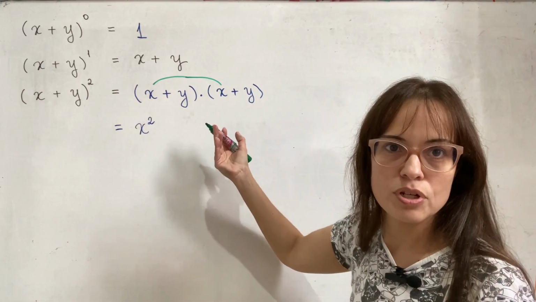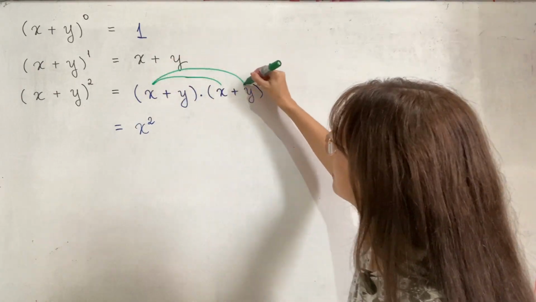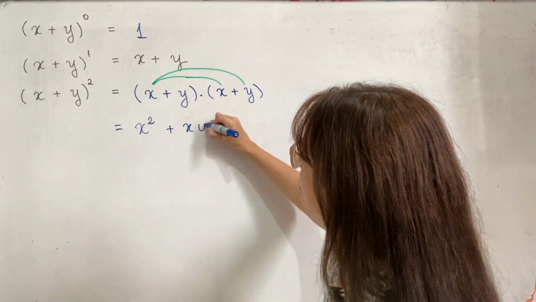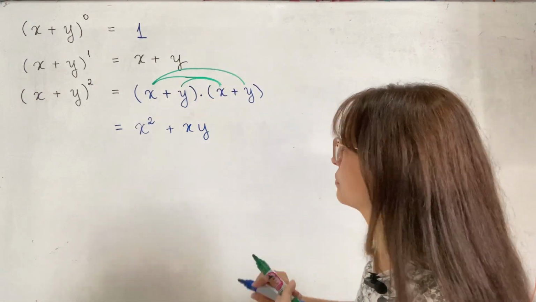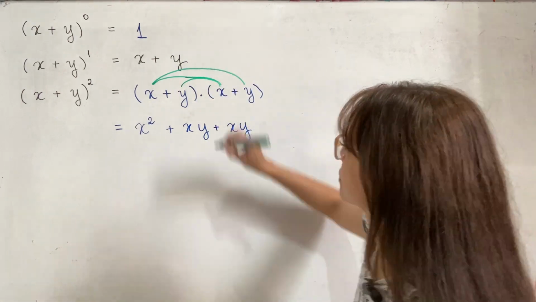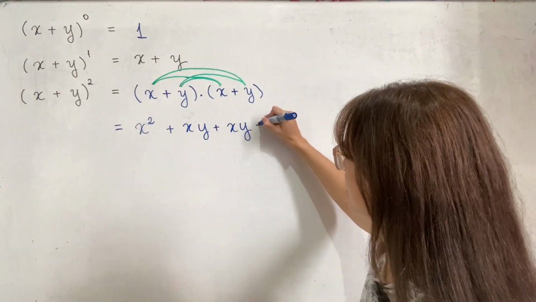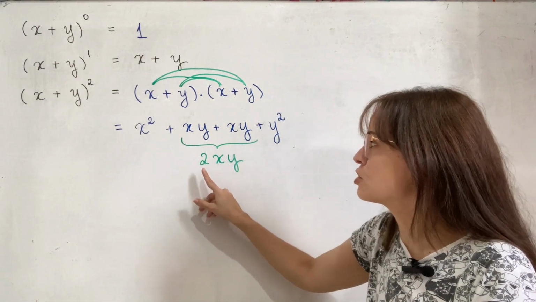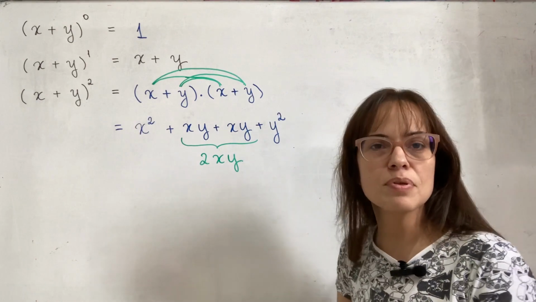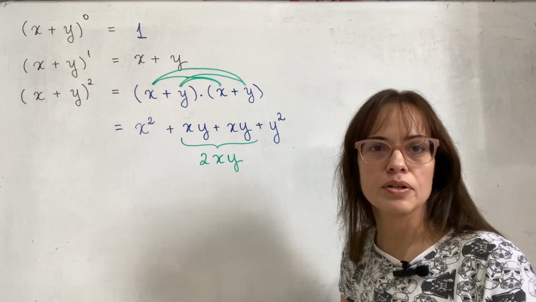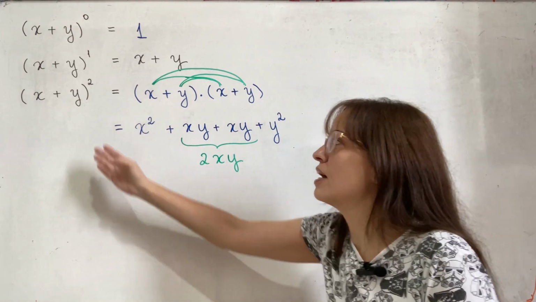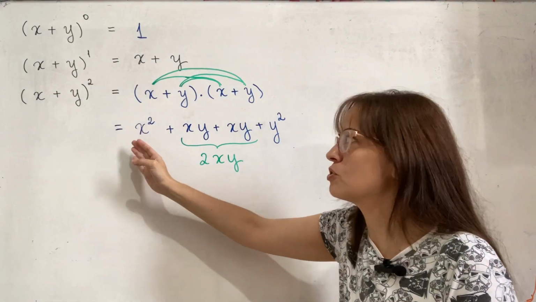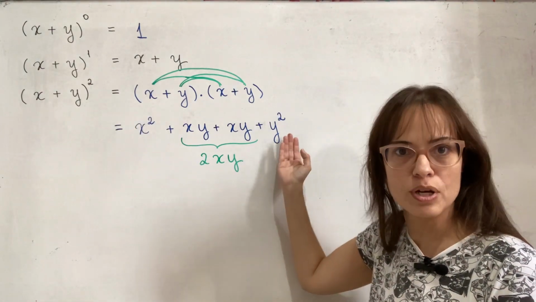But then we have to do the other ones, right? And then you combine the like terms here in the last step. This is 2xy, which is something that a lot of people actually know by heart. It's called a special product. X plus y to the power of 2 is equal to x squared plus 2xy plus y squared.